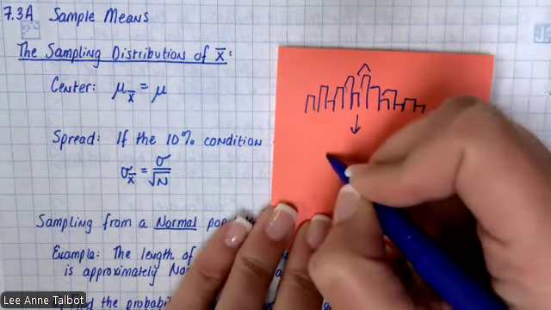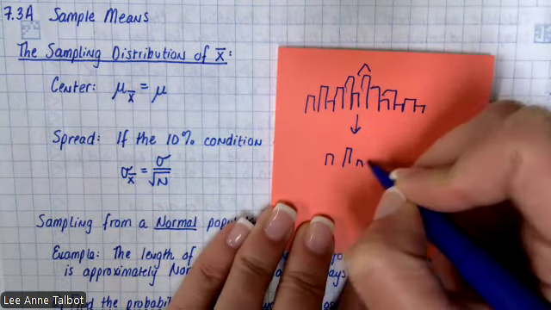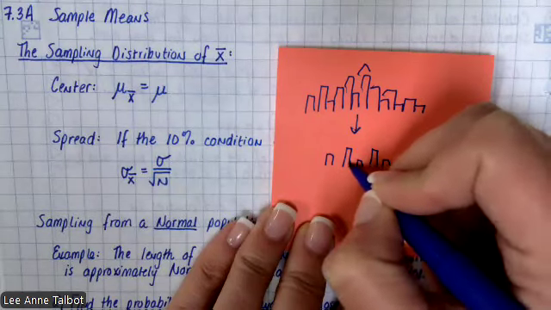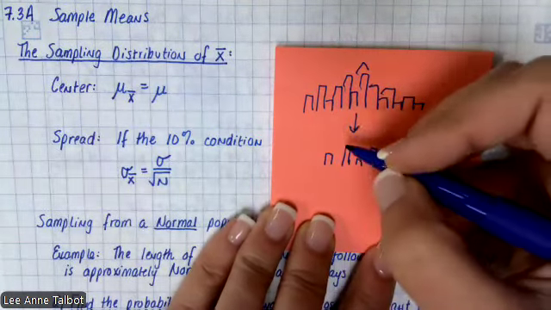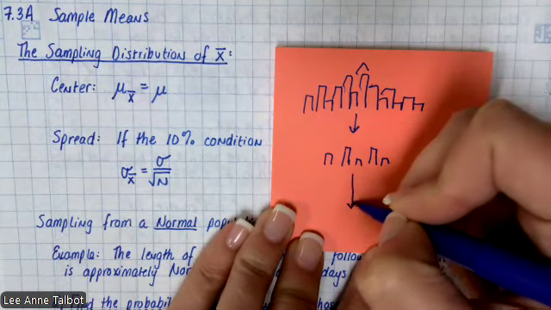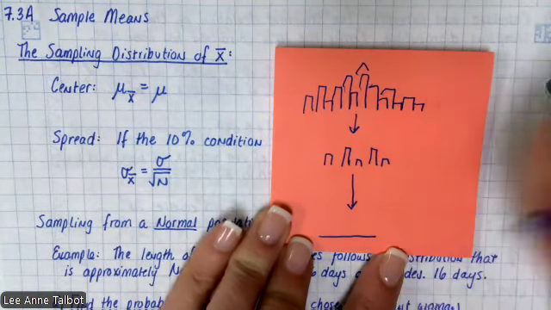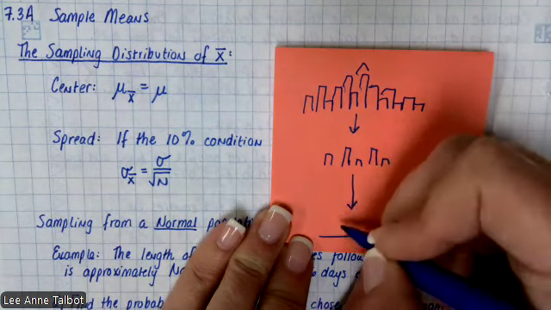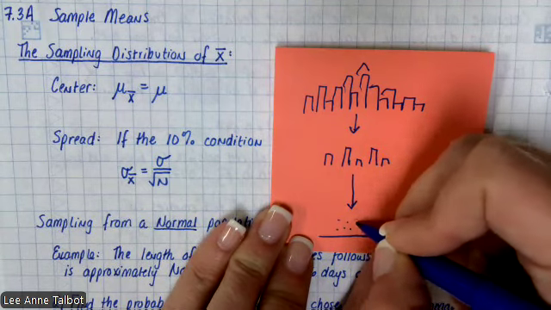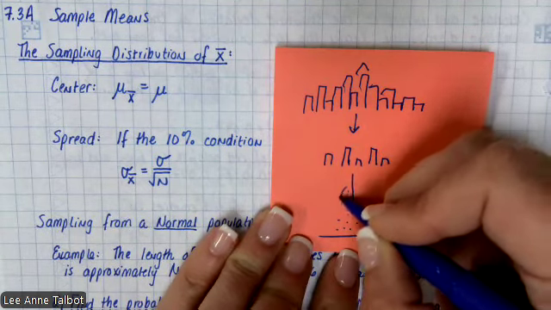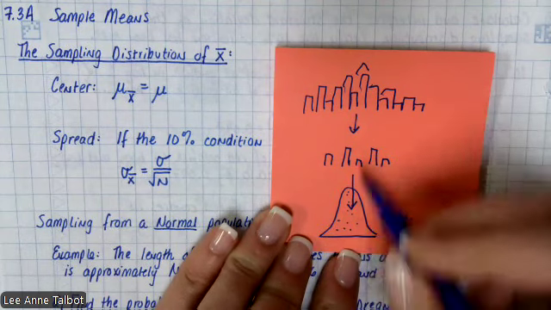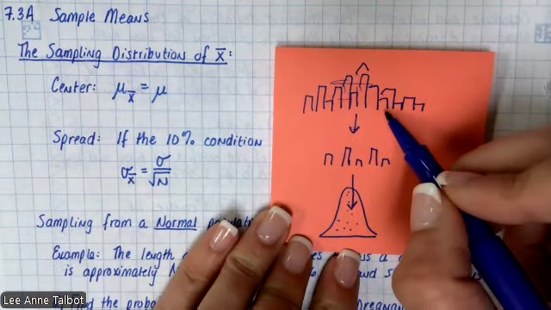Okay, and then I take a sample of 5 squishmallows. Okay, and then I average those. My average would go toward the middle. Does that make sense? So that means that my dot plot of averages is going to be actually skinnier than the original population.